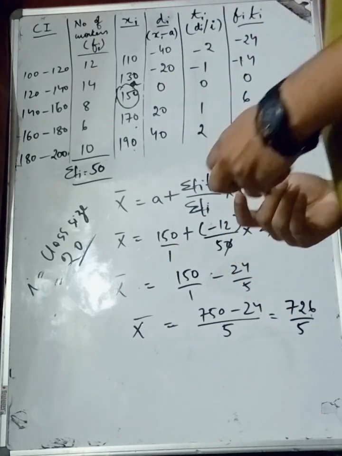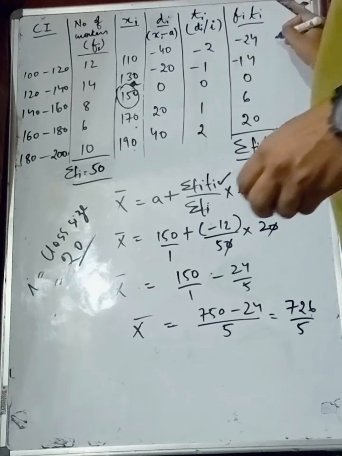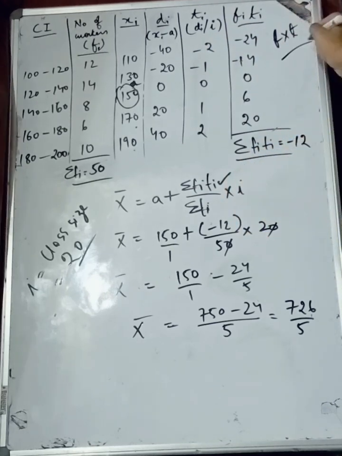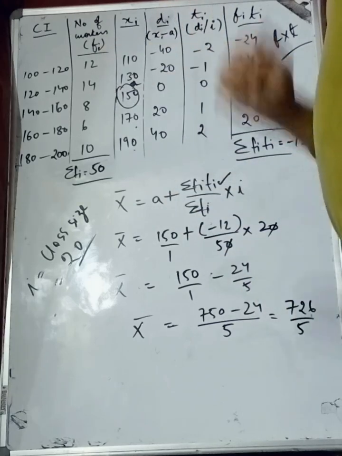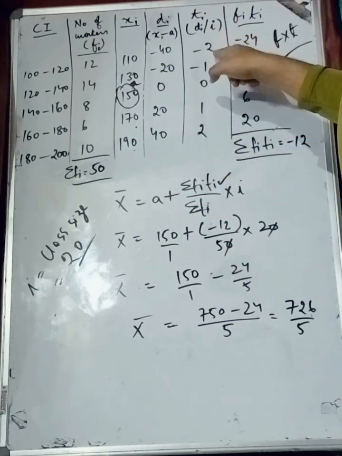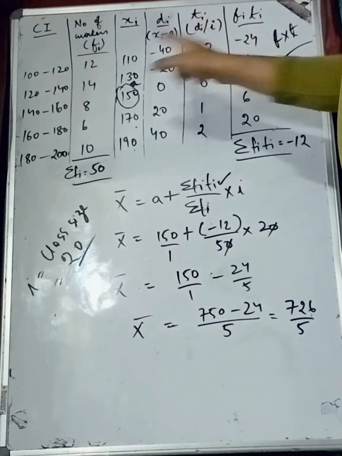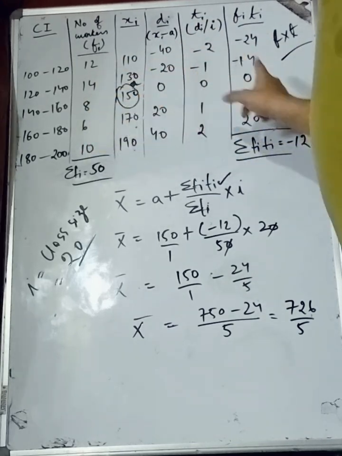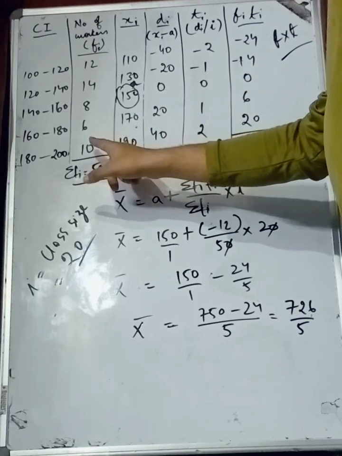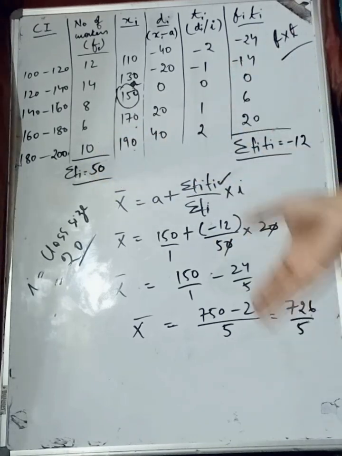Now we're going to calculate fi ti, that is the product of f and t. What is f over here? F is 12, and t is minus 2. So 12 into minus 2, minus 24. 14 into minus 1, minus 14. 8 into 0, 0. 6 into 1, 6. 10 into 2, 20.